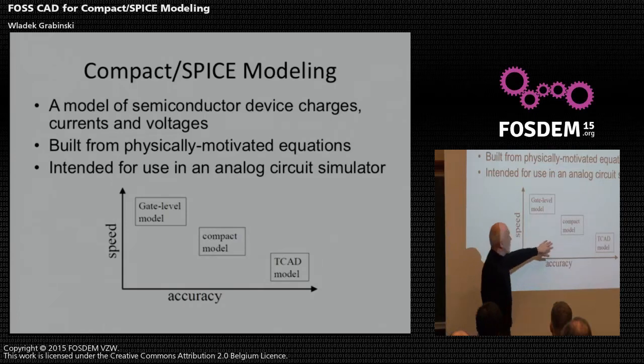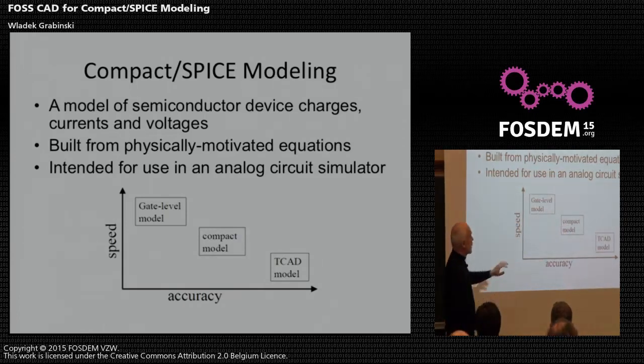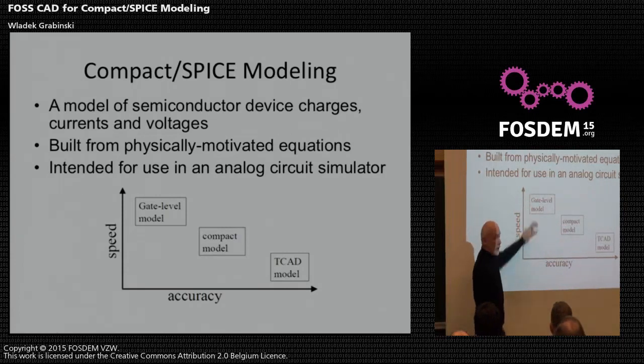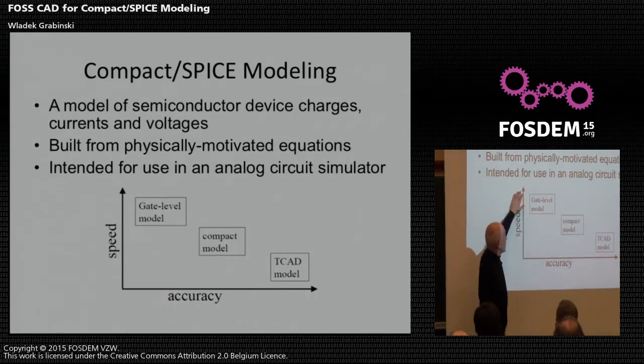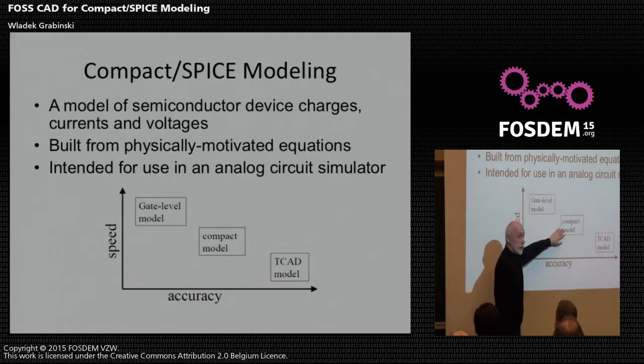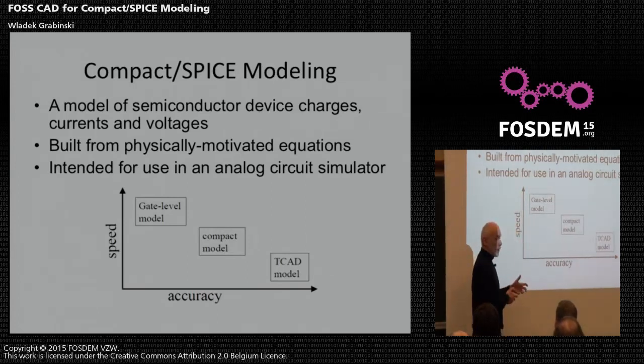Then, of course, you cannot use compact models, analytical models, for gate level simulation, because for a simple CPU with a billion transistors, you cannot simulate a billion transistors of your CPU or memory cell at this level. So you go to transistor level, but you need compact models to create, for example, timing libraries to run digital simulation.